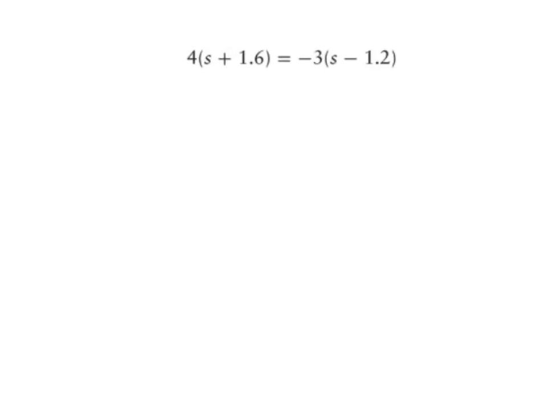So let's see here. So first thing I'm going to do is multiply the 4 by the terms on the inside, and this negative 3 by the terms on the inside of that second set of brackets.